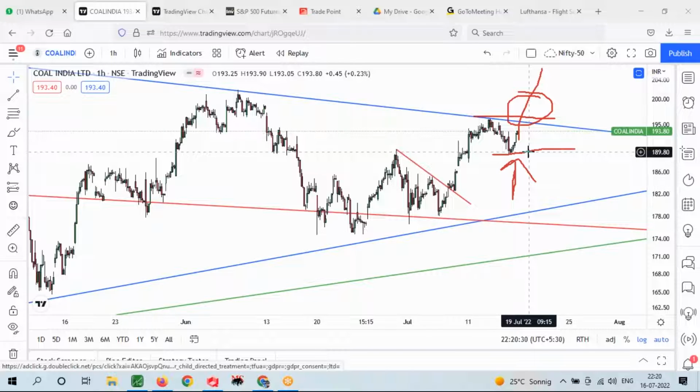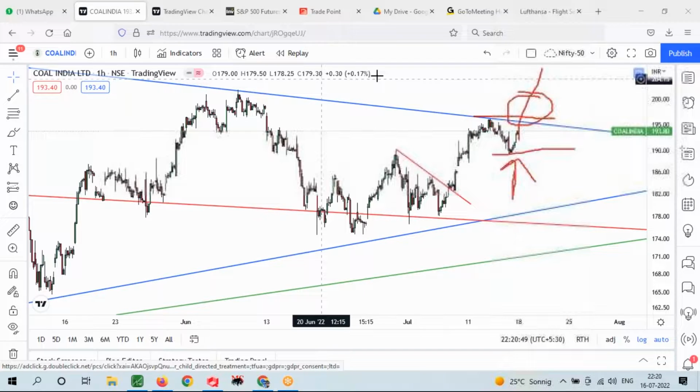Okay, so I think the lot size is 3200 or 4200. Yeah, 4200, so it's like 30,000 risk, and what you get is around 15 to 16 rupees, so double. 7 rupee risk, 15, 16 rupees reward, so that will be a good trade also.